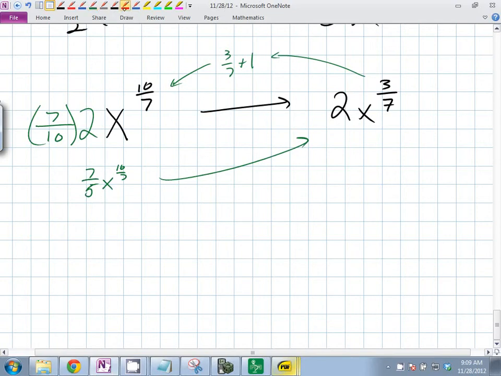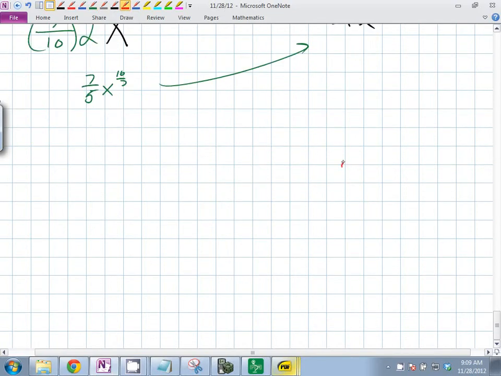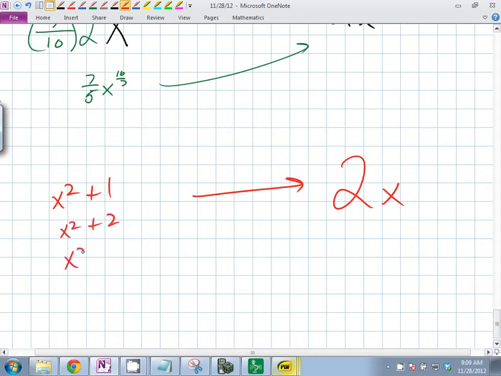I'll ask you this again, though. Let's go back to this one, 2x. Can you give me a different function whose derivative is 2x? Can you give me another function? X squared plus anything you want, any constant you want. Because what's the derivative of a constant? 0. So the question sometimes will be find the general antiderivative.